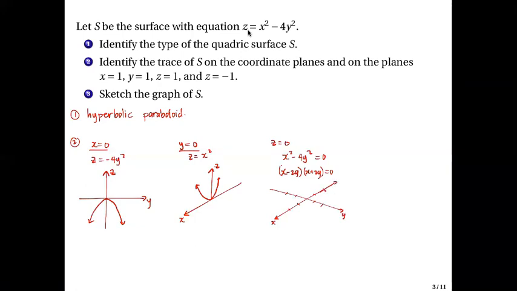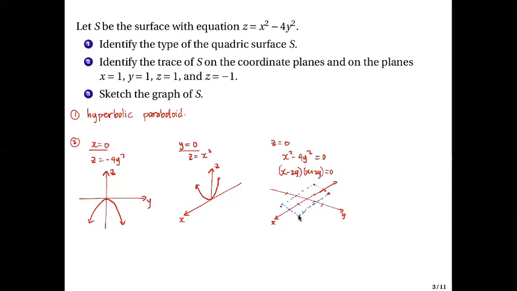So say this is negative 2. When x equals 2 and y equals 1, we have 0. So this guy here, and this guy here. Up here, we have this guy and this guy. So we can draw this imaginary rectangle here. Of course, assume that I have the correct scaling here.